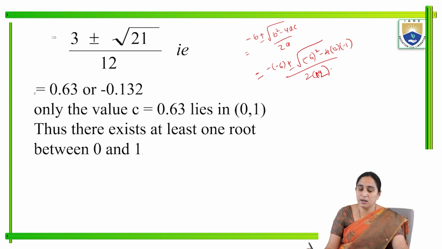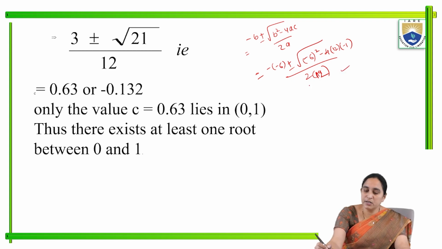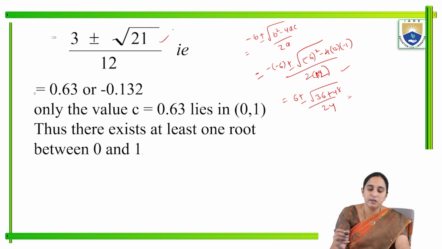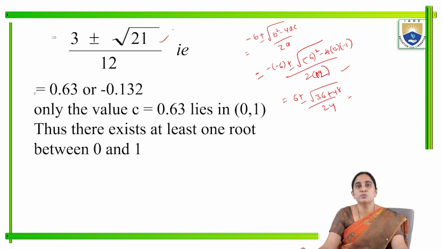After simplifying, we get 6 ± √(36 + 48), that is √84 over 24. Here I am taking 3 outside. After the cancellation, we get (3 ± √21)/12.